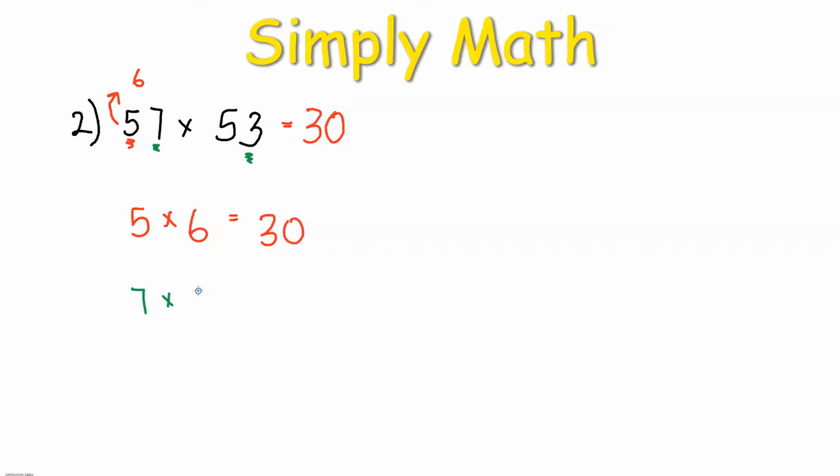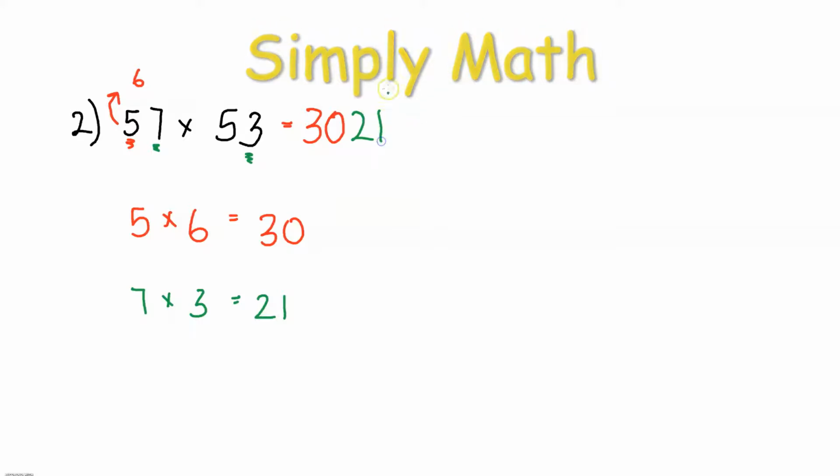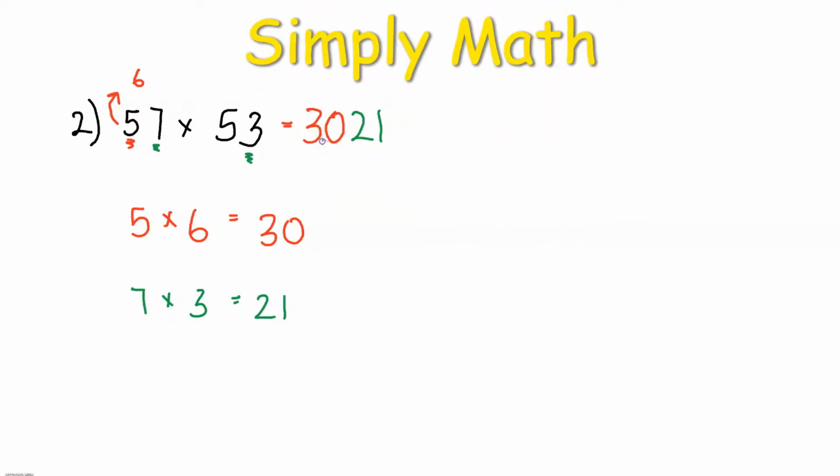So 7 times 3 gives us 21, and 21 will go right next to our 30. So our final answer is going to be 3021.